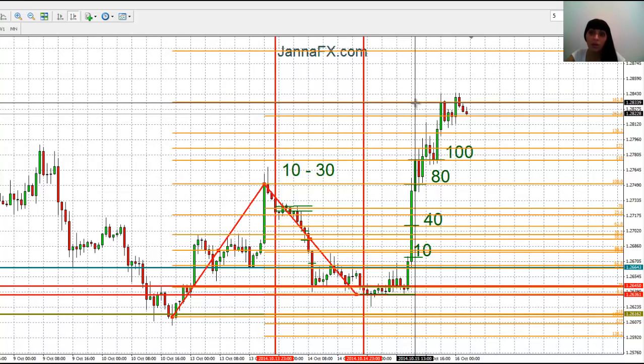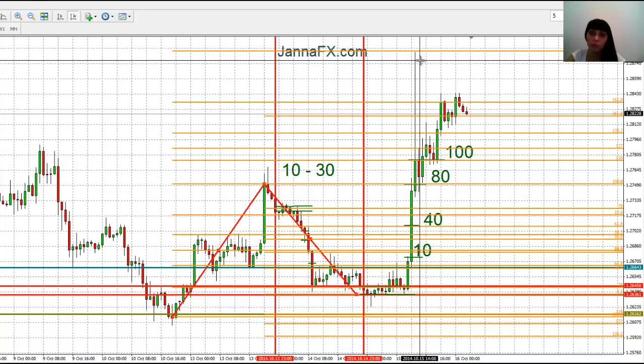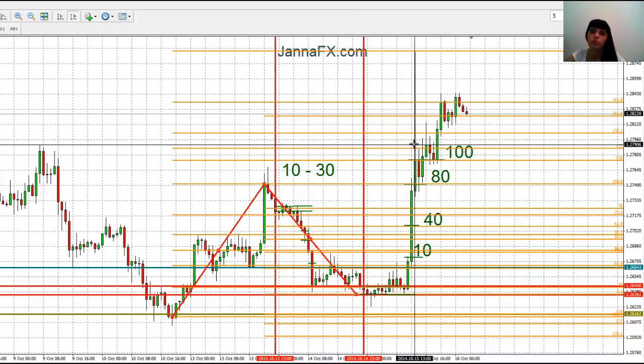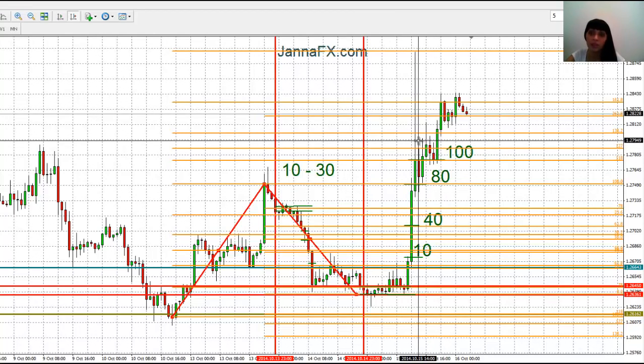But if the market moves very fast, it might jump higher and close you right here, or it might jump back and you might come out with your trade around here. But doesn't matter, on this move you would definitely have made 100 pips. I'm telling you how I would do it. So for me, that would have been 100 pips.